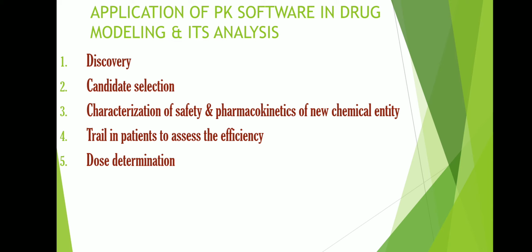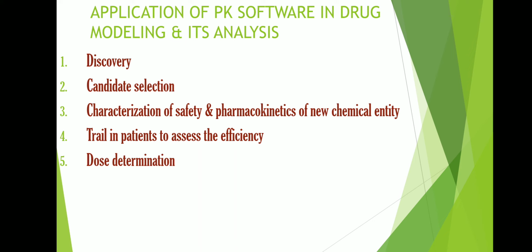Starting with the various applications of pharmacokinetic software in drug modeling and its analysis. Why pharmacokinetics? A few software names I have already told in the last video. Why are these pharmacokinetic softwares used and how are they helpful?